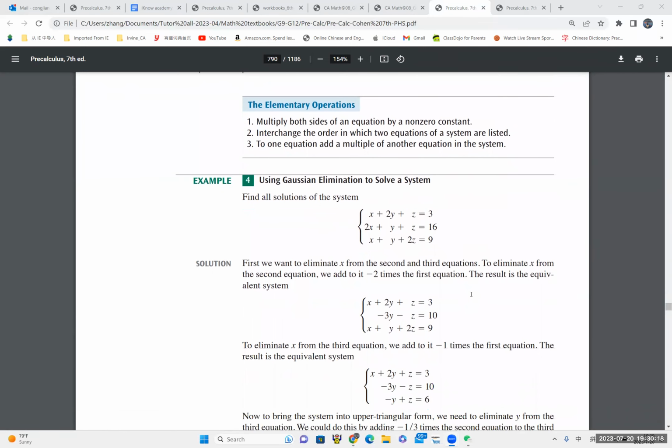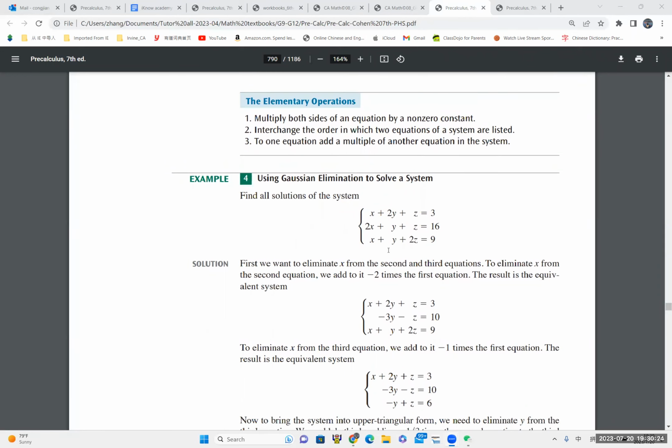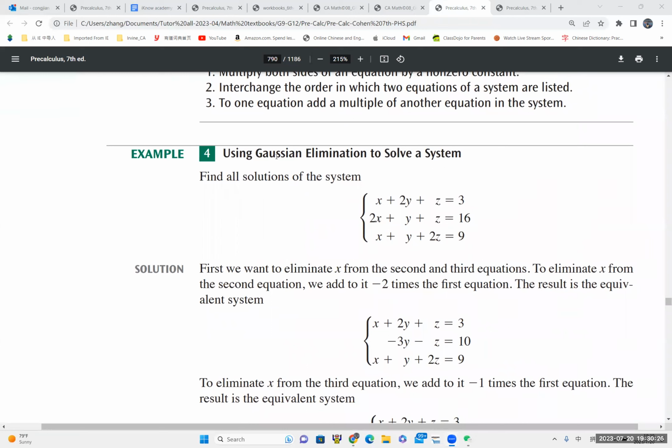The elementary operations, also the Gaussian elimination, are just like what we do. You eliminate one variable, then you just have two unknowns, two equations left. Then you can keep going, eliminating one more till there is one equation, one unknown. Even for two equations, two unknowns, we also use this kind of elimination method, right?